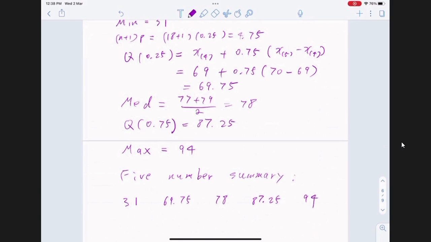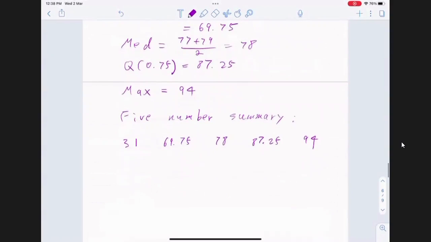We know that this is the smallest number, and this is the number located at the 0.25 quantile. So in other words, there will be about 1/4 of the data falling within this range, 25% of the data. And this is the median, so we have half of the data falling below this.